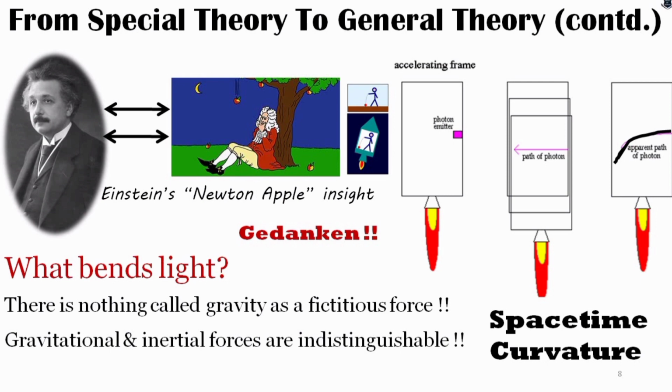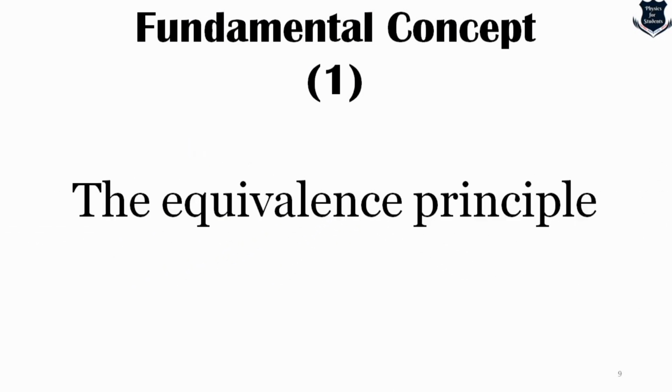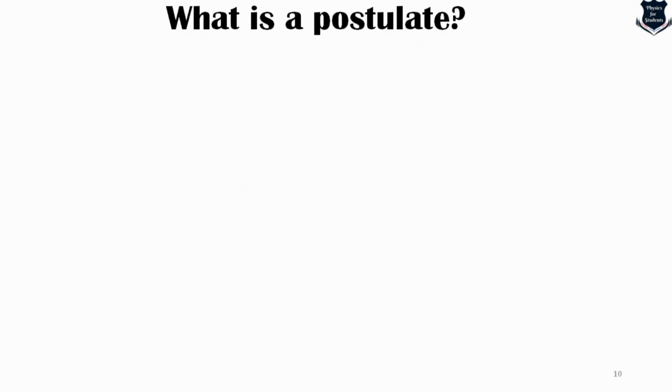Earlier we saw that there is no physical difference between an accelerating frame and one in a gravitational field. The question arises, what actually causes the light to bend? And the answer is space-time curvature. So the fundamental concept number one we have come to is the equivalence principle. I don't need to repeat, but this is point number one.